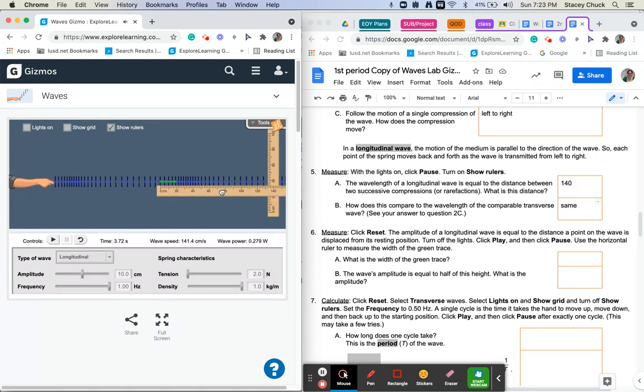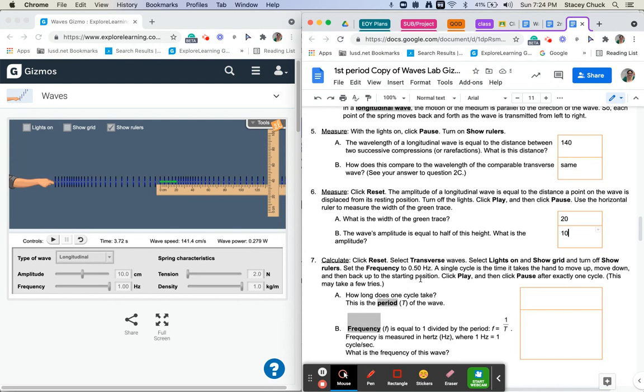So remember when we measured the amplitude of the transverse wave, we had to measure it vertically because the medium was moving vertically, not horizontally. In this case, the entire width is 20. Now, if we recall from the previous wave, the total width was double the amplitude. So the amplitude was only half of that amount. So that means that our amplitude is only 10 centimeters.